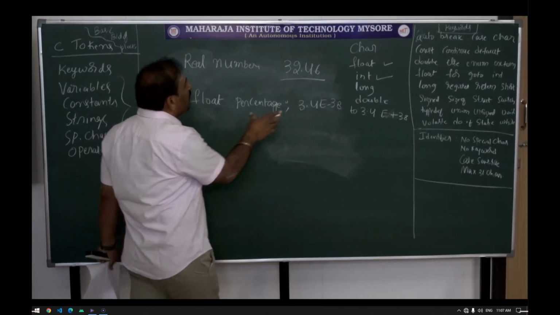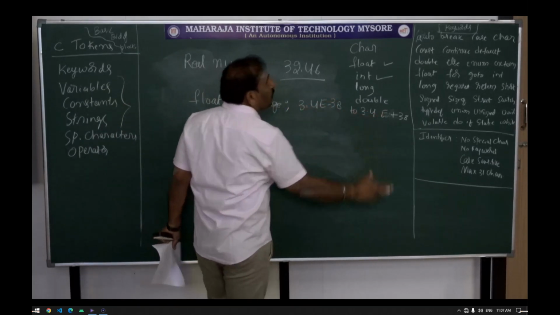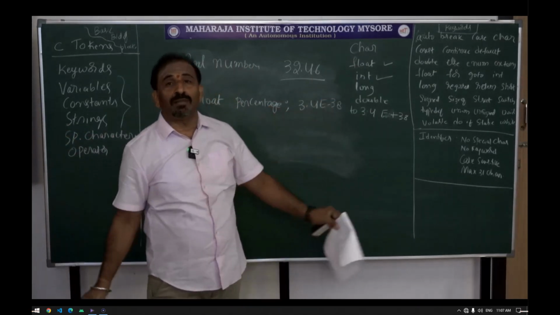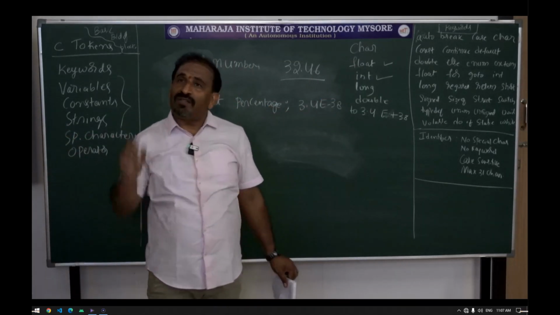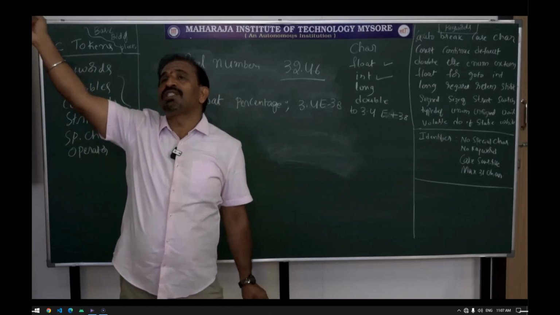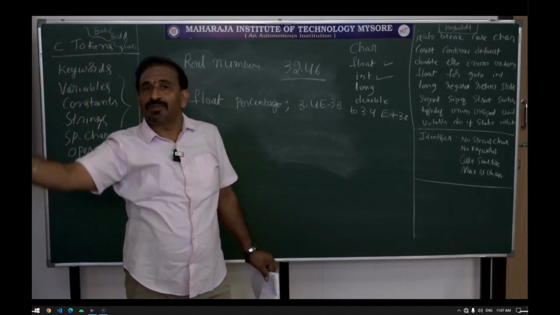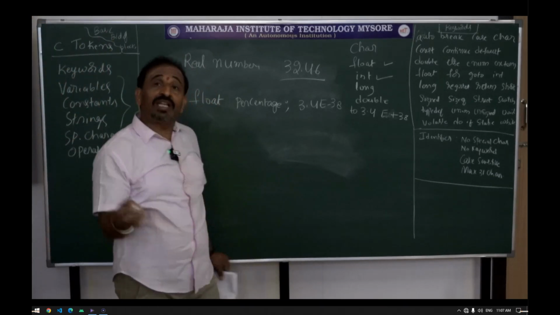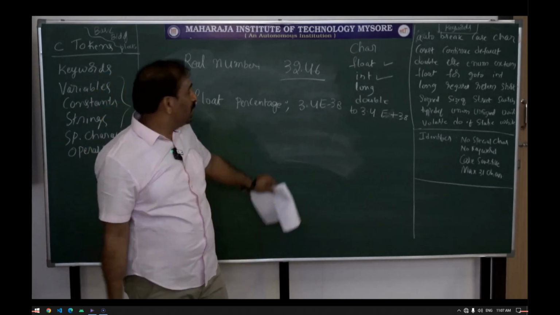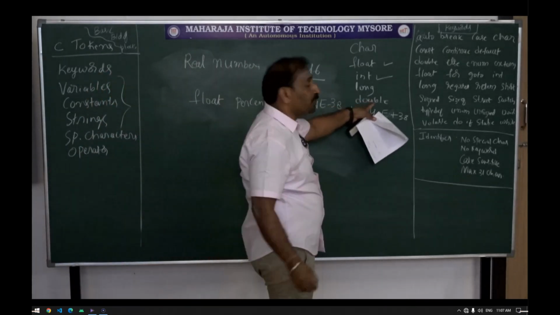Suppose you feel that this is not sufficient, you have a very big real number to store. After the decimal point, you have some 16, 17 digits. You need to have a precise number, then you can go for double.